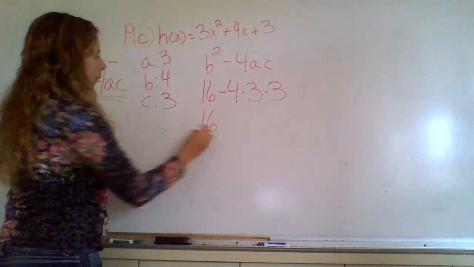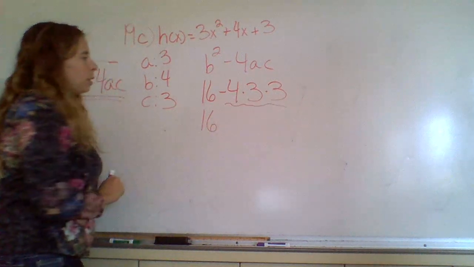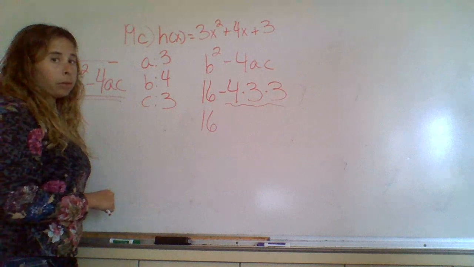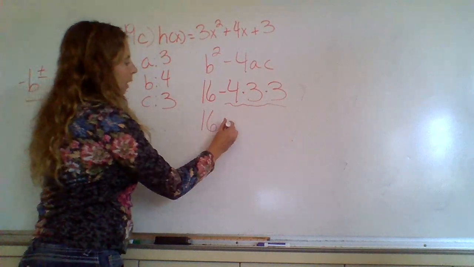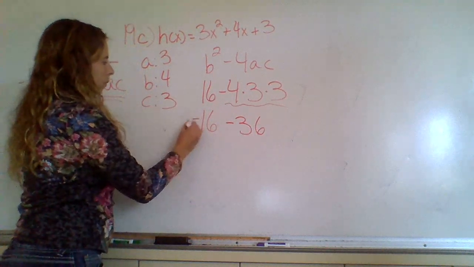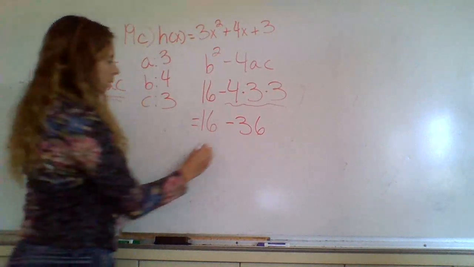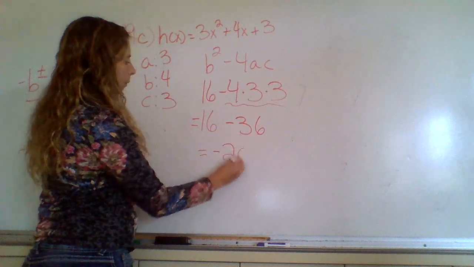All right, multiply these 3 together. So you have -4 times 3 is -12. -12 times 3 is -36. 16 minus 36 is -20.